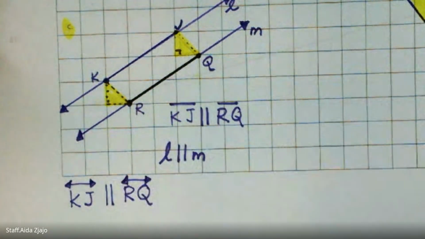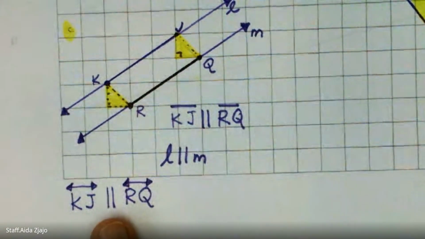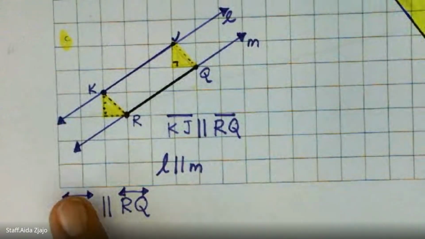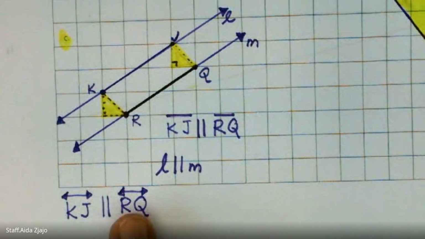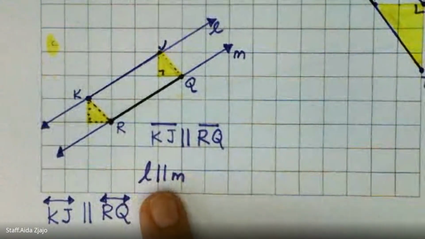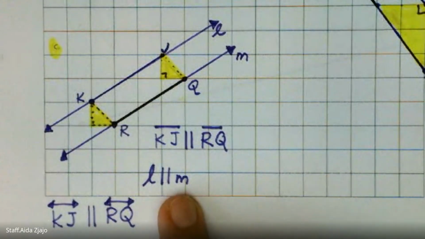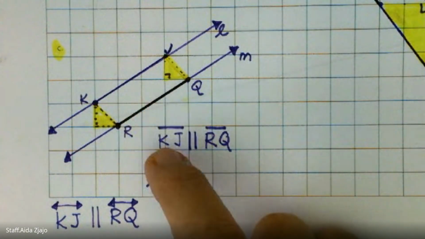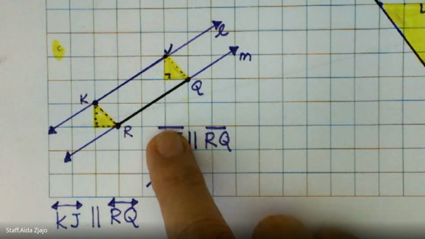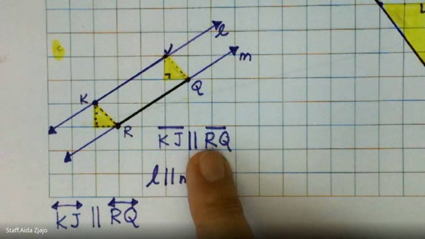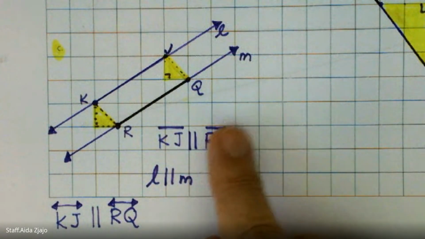So we're talking about lines. This is how we label if a line has points on it. KJ line is parallel to RQ line, or we can just say L line is parallel to M line. Or if we're talking only about a line segment, you see, this is a line and this is a line segment. Line segment KJ is parallel to RQ line segment.